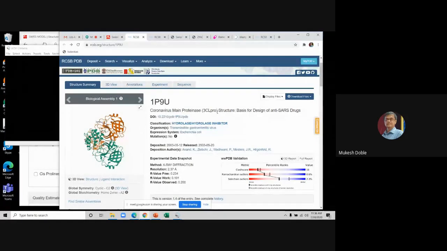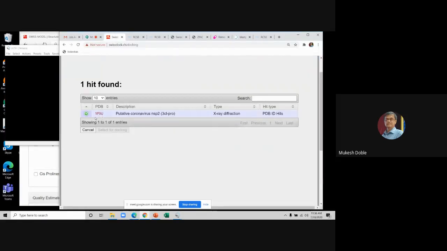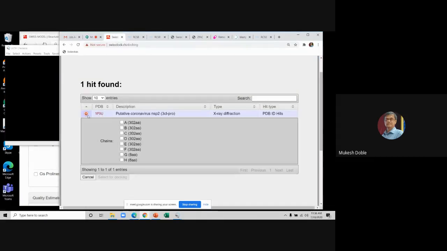It is a target for anti-SARS drugs, so we will look at that as our protein of interest. It has many chains, so we'll take one chain. Later on we have to look at the other chains also.